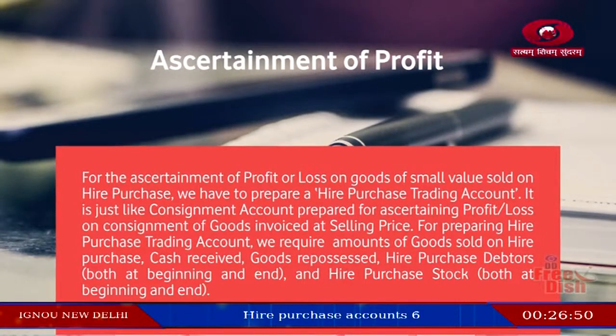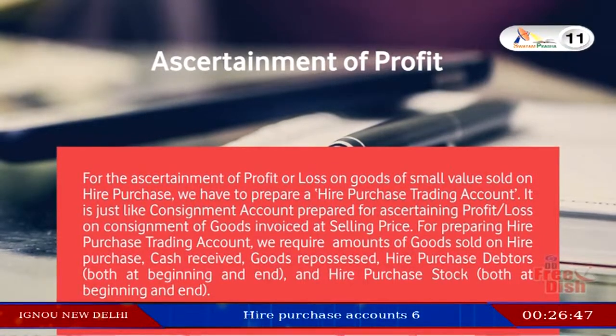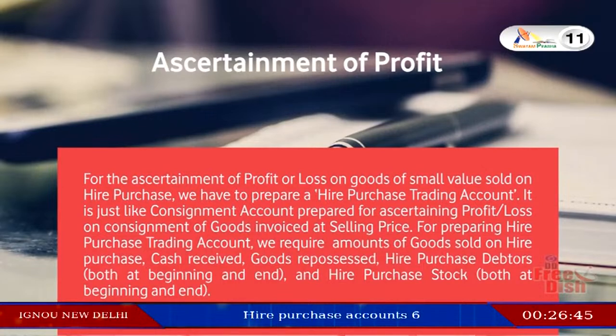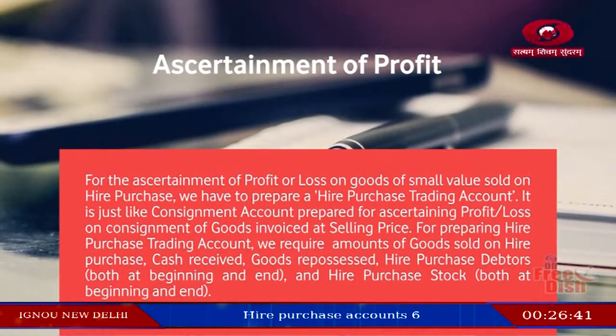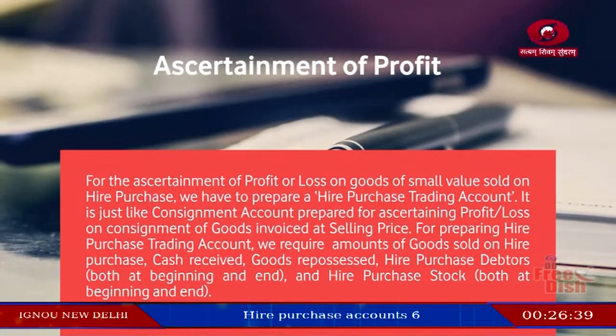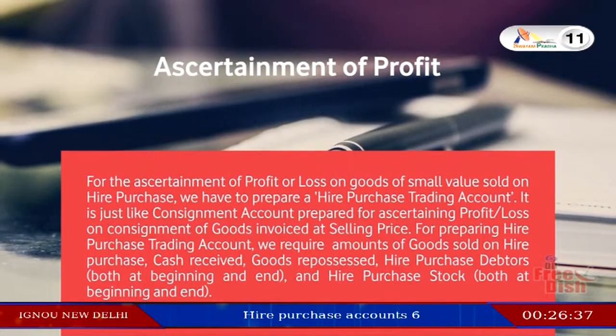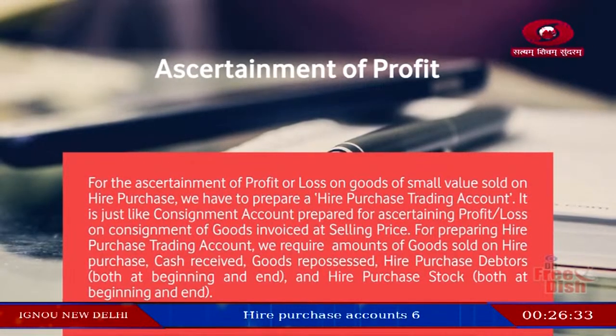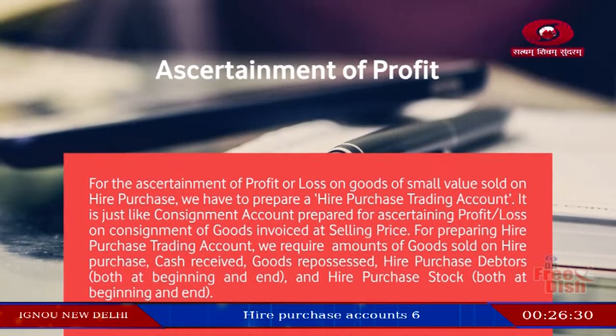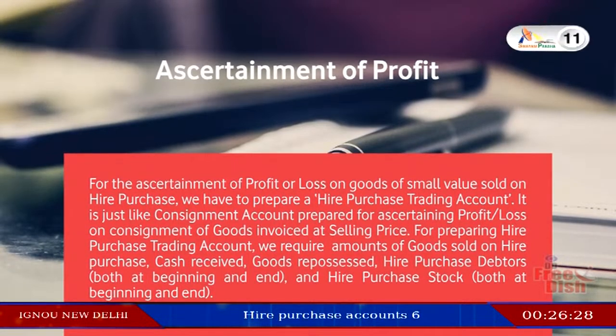For preparing the hire purchase trading account, we require the amount of goods sold on hire purchase, cash received, goods repossessed, hire purchase debtors in the beginning and at the end, and hire purchase stock both in the beginning and at the end.